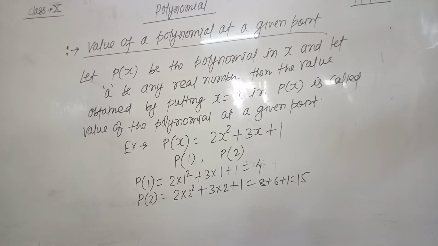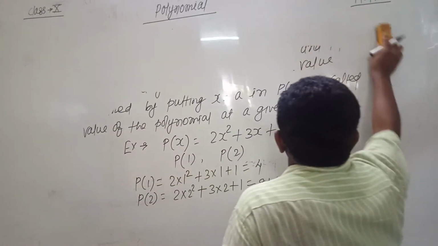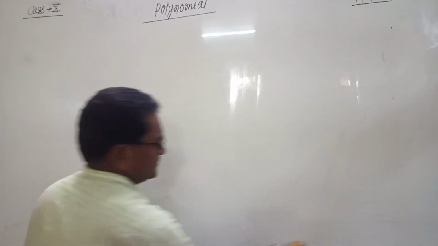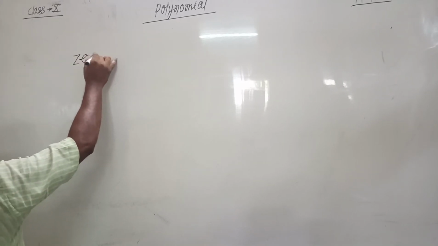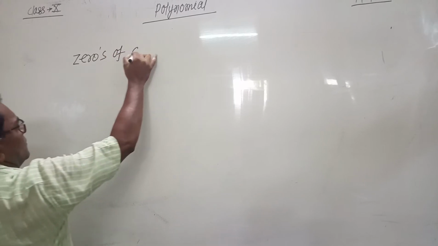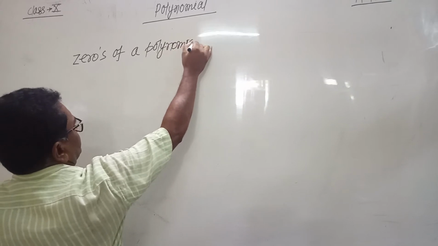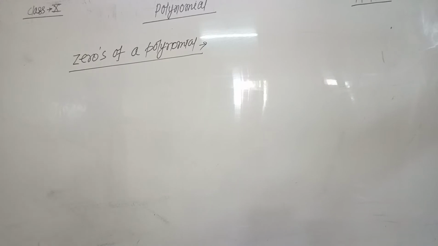Now the next topic, zeros of a polynomial. What are the zeros of a polynomial?